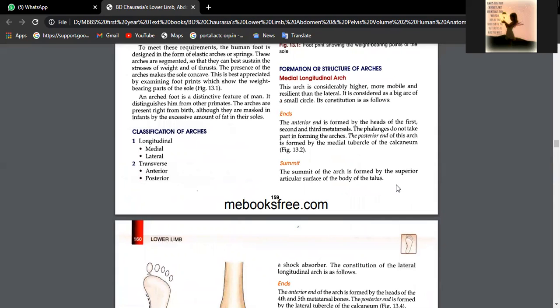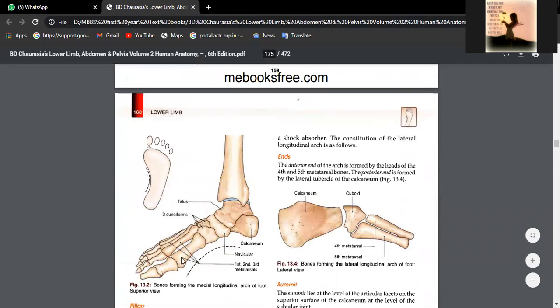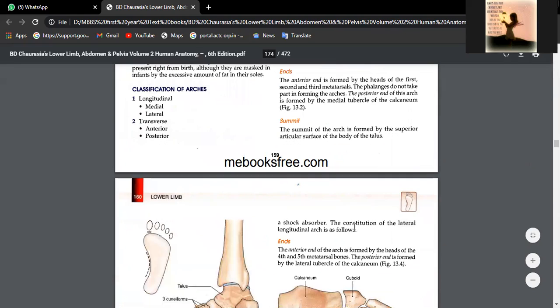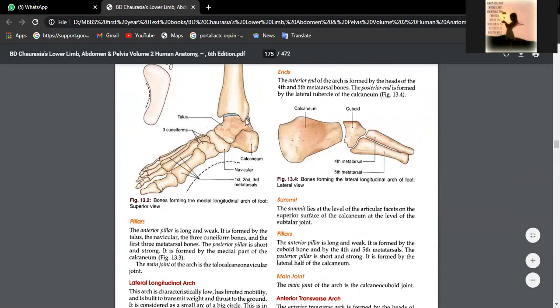The summit of the arch is formed by the superior articular surface of the body of talus. If you consider this as the whole arch, then this is the talus, so the summit point would be this, the highest point. This is the superior articular surface, where you will see the articulation of the inferior aspect of the tibia to form the ankle joint.